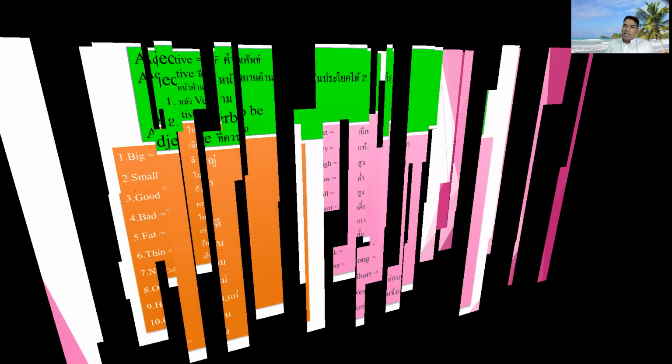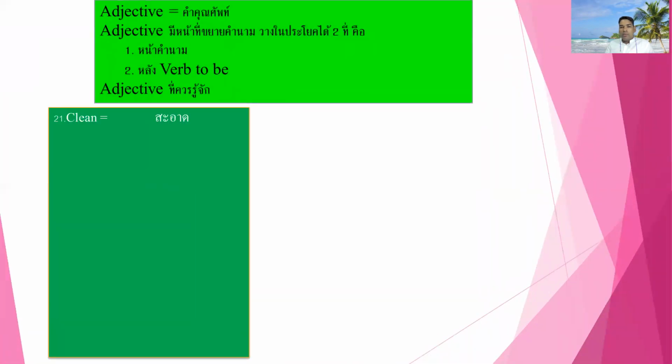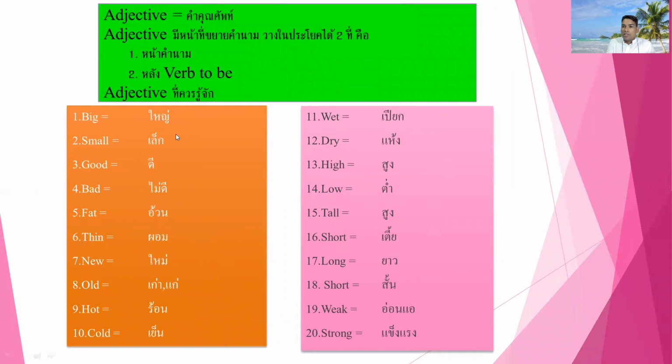The next slide is talking about 20 more. See here, there are 20. Number 1 is clean. You can read the Thai also for your understanding. The last slide also has the Thai language for what means what. You must understand and try to remember these in your daily life, because these are usual words used in our daily life.